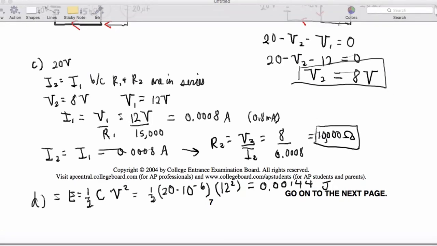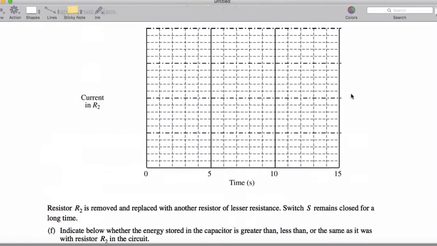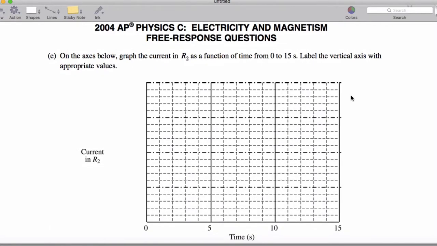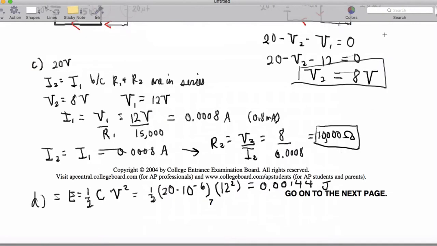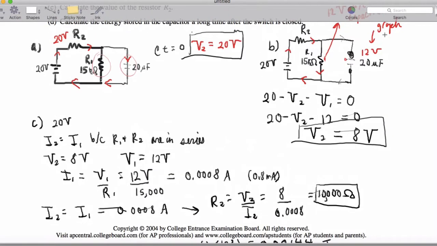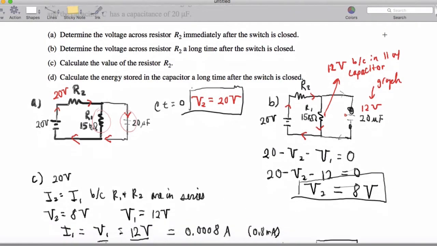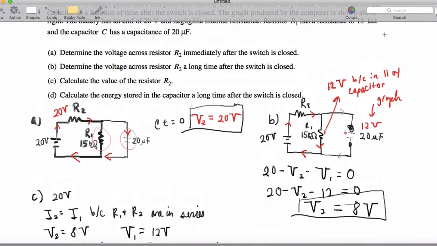Now we move on to part E. It says on the axes below, graph the current in R2 as a function from 0 to 15 seconds. So let's go ahead and start. At time equals 0, we know that there are 20 volts across R2.